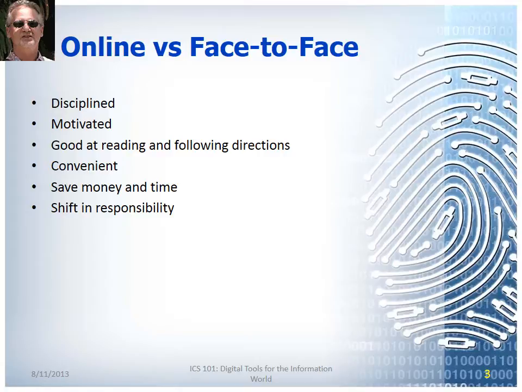Since you have elected to take this class in an online environment, now you are responsible for maintaining the hardware, the software, and everything. So if you don't have access to a computer, well, you could be in trouble. If you don't have the right software, you could be in trouble. If your internet goes down, you could be in trouble. This is your responsibility. At this point, it's not the college's.